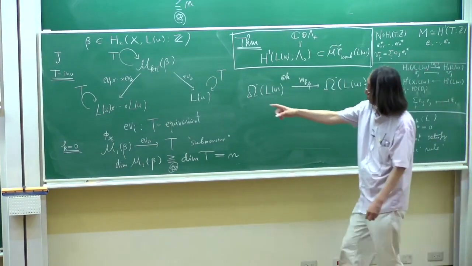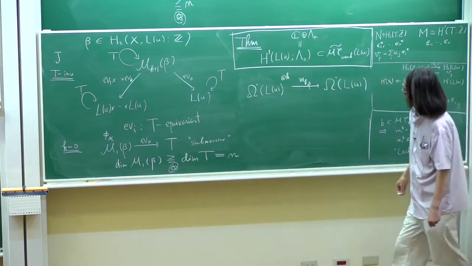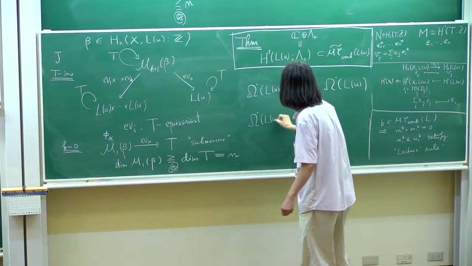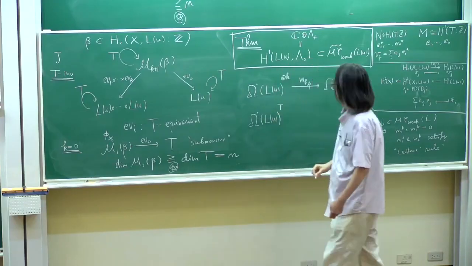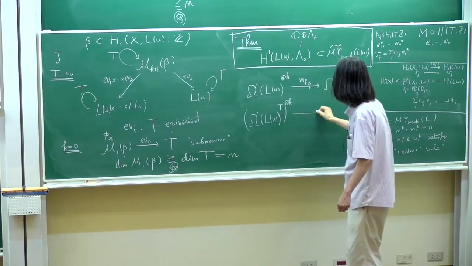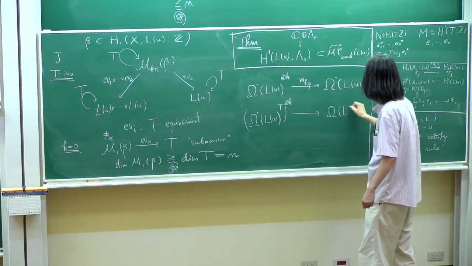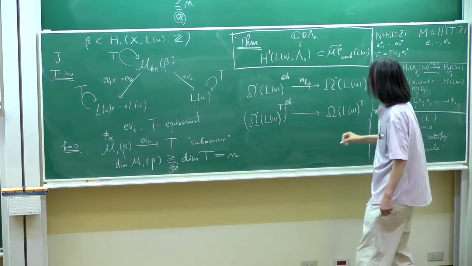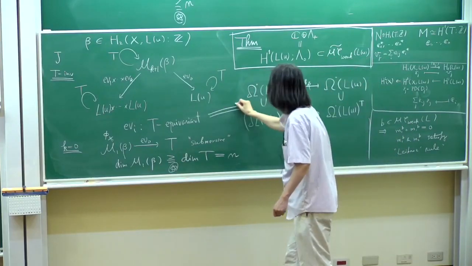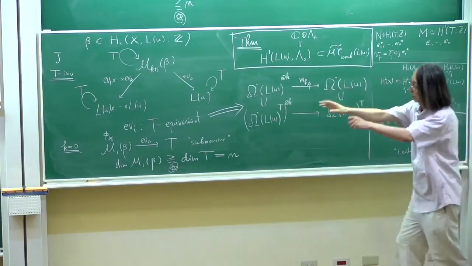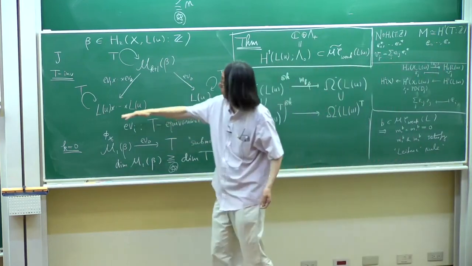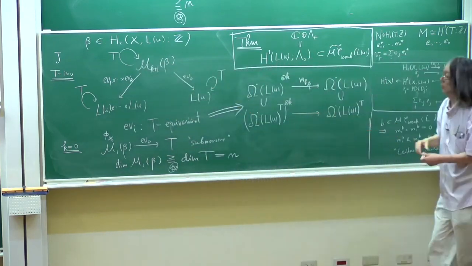But because everything is T equivariant, if I take the invariant part of this, then it must be mapped to the invariant part of this. Because everything is T equivariant, the pullback is T equivariant, and the push forward is certainly also T equivariant. So therefore a T invariant thing is mapped to a T invariant thing, so therefore you must have this.